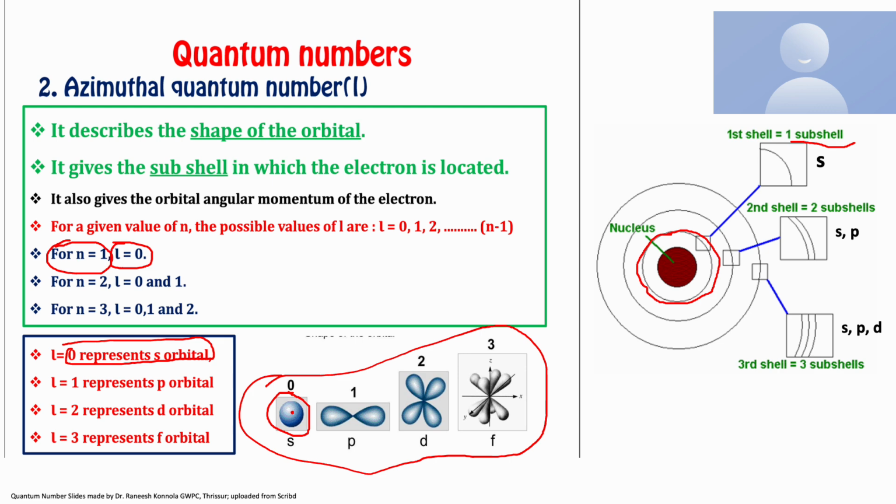So the sphere itself is not an electron. It's saying that the electron can be anywhere in there. And then for your second energy level, it can have 2 subshells, so S and P. So an electron can be orbiting as a sphere, or the electron can be orbiting as a dumbbell pattern.